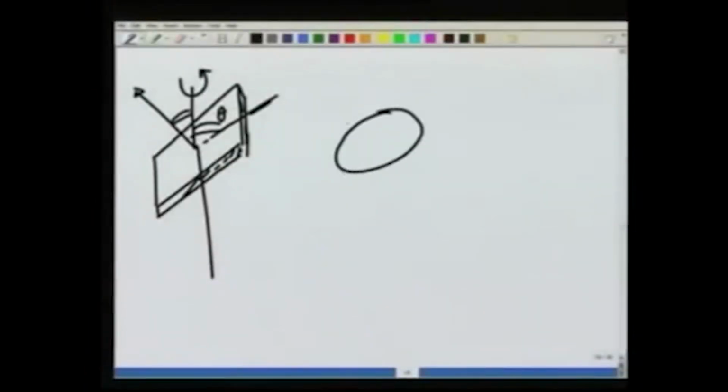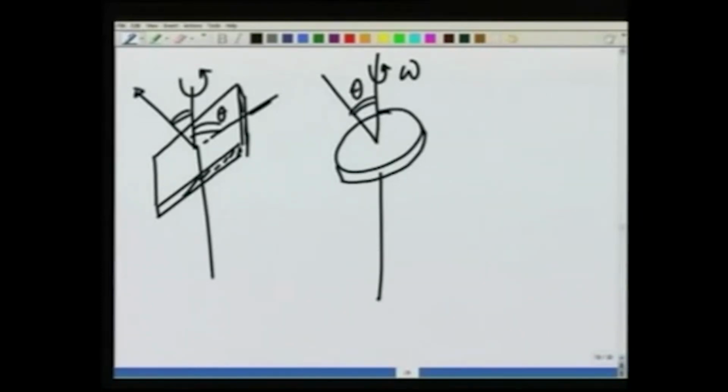I want you to calculate how much torque would be required to keep it rotating. I leave it for you to solve, although I am going to solve a related problem, that of a disc tilted at an angle from the vertical and rotating like this, so that the perpendicular to the disc makes an angle theta with the axis of rotation. I want to calculate how much torque would be required to keep it rotating at a constant omega.